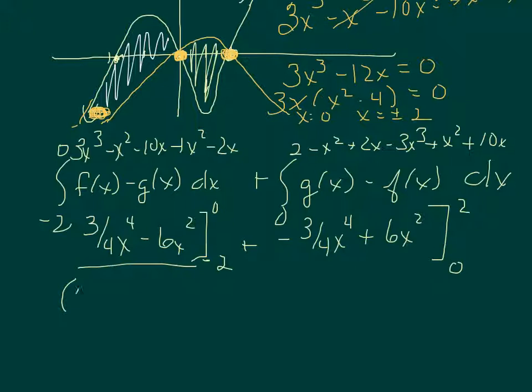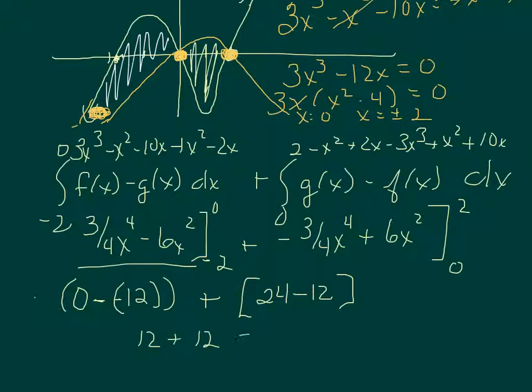So don't forget, it's 0 minus, and you get a 12 here, so you get minus 12 plus 24. I think this is 24 minus 12. So 12 plus 12 is 24.